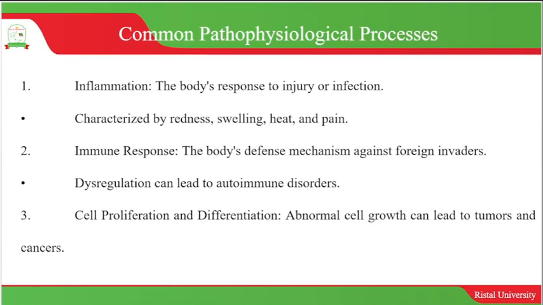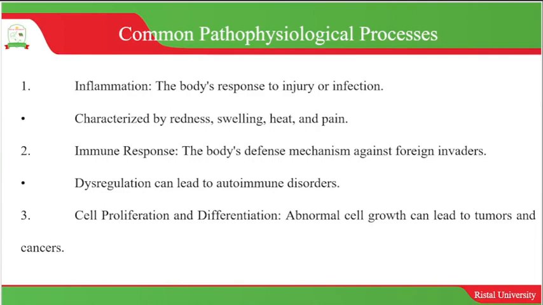So inflammation is one of the key signals or processes through which these cells may go, and it can be characterized by redness, swelling, heat, and pain at the site of cell damage.